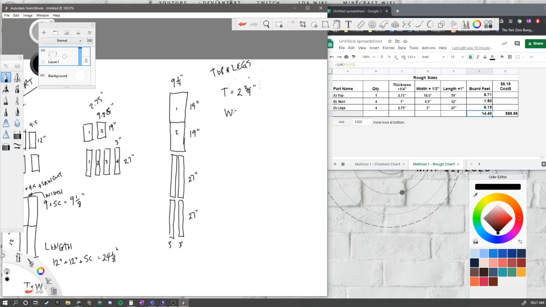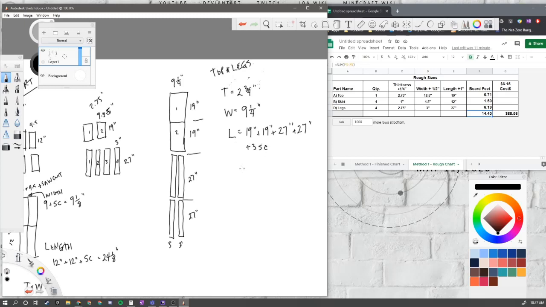My width is equal to 9 1/4, and my length is equal to 19 plus 19 plus 27 plus 27, all plus 1, 2, 3 saw cuts.